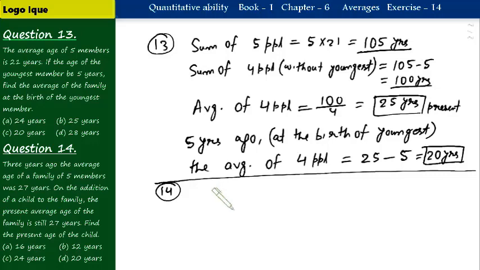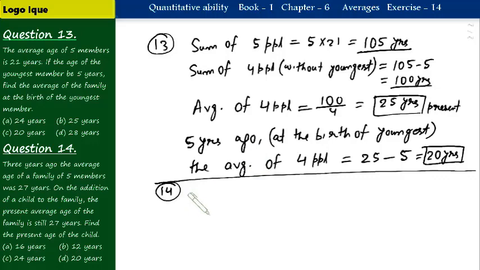Then question number 14. It says 3 years ago the average age of the family of 5 members was 27 years. So right now the average age would be 27 plus 3, that is 30 years. On the addition of a child to the family, the present average age of the family is still 27 years. Find the present age of the child.